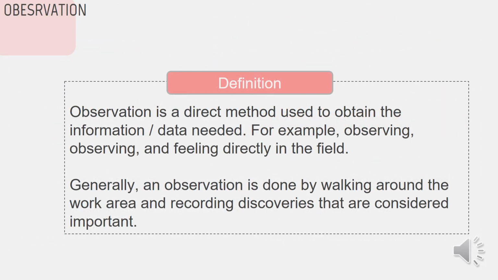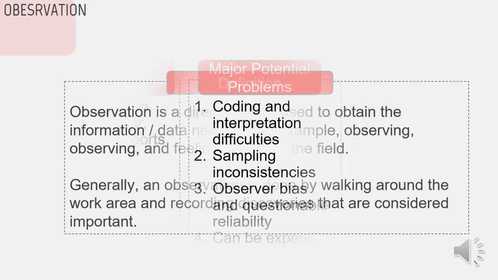Observation. Definition: observation is a direct method used to obtain the information or data needed, for example, observing and feeling directly in the field. Generally, an observation is done by walking around the work area and recording discoveries that are considered important.